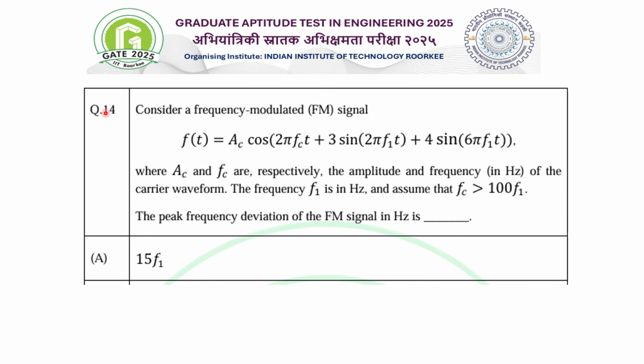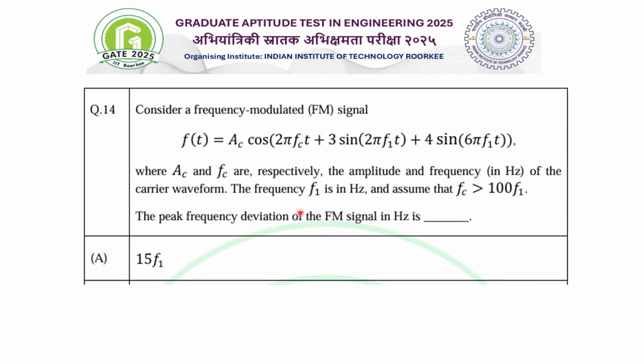This GATE 2025 has been organized by IISc Bangalore, IIT Roorkee, and the question is number 14. What is the question? Consider a frequency modulated FM signal, that is f(t) equal to Ac cos(omega c t plus 3 sin(2 pi f1 t) plus 4 sin(6 pi f1 t)), where Ac and fc are respectively the amplitude and the frequency in hertz of the carrier waveform.